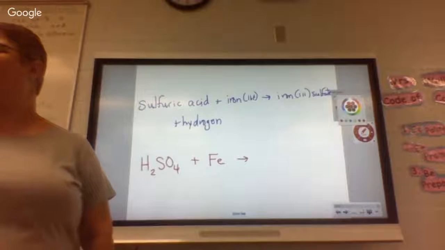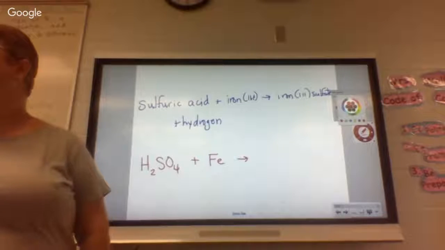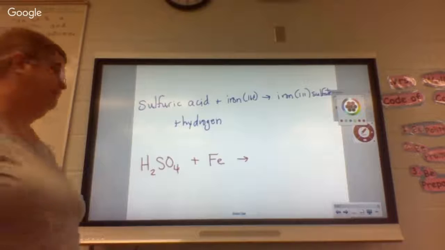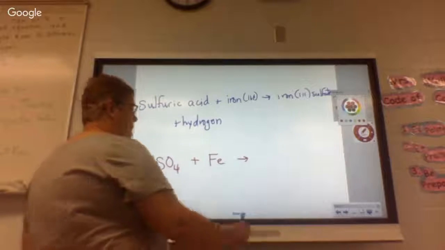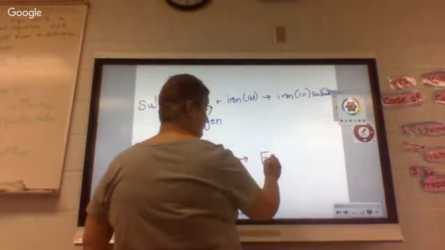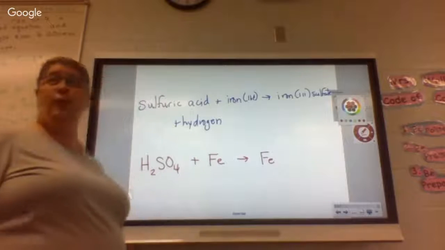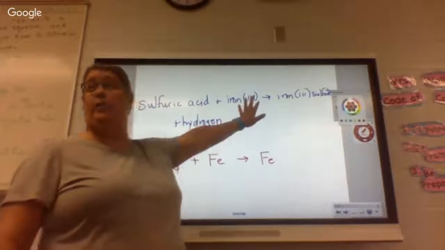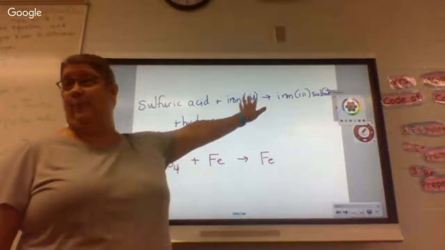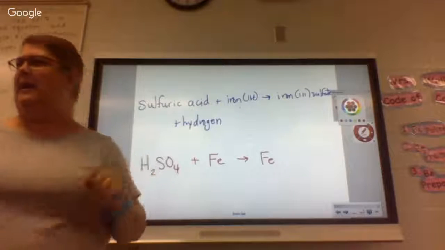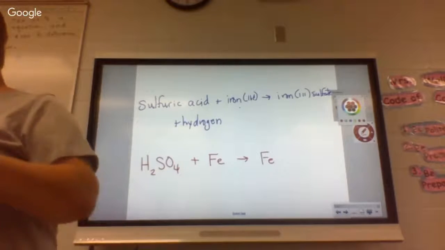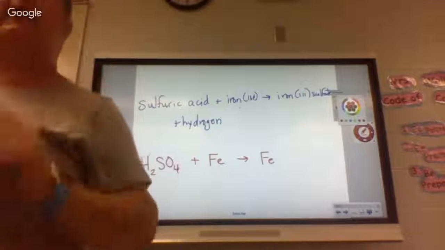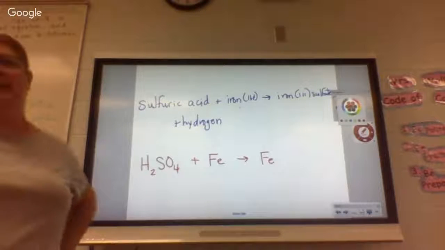Now, we will need that 3 when we get to predicting next week, and you'll understand why I put that 3 there. But for today, it's just there to trick you. It works beautifully every day of the week, too. Yes, ma'am. Do we do SO4 or sulfate?